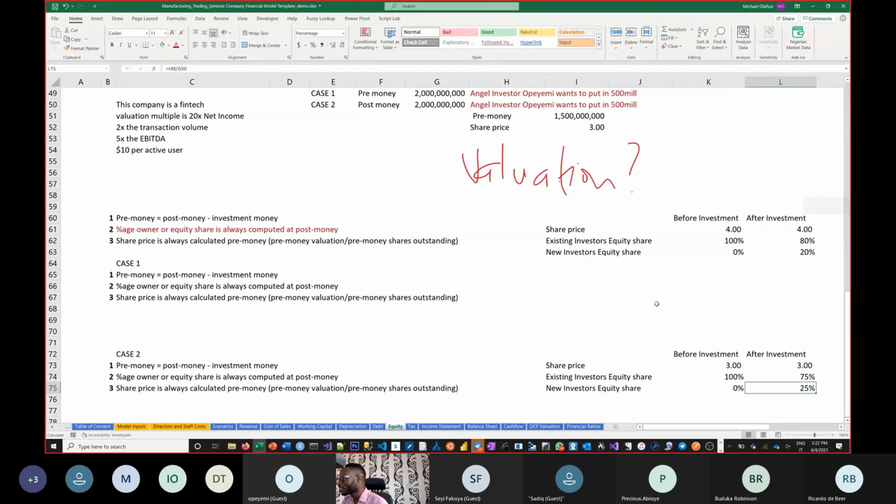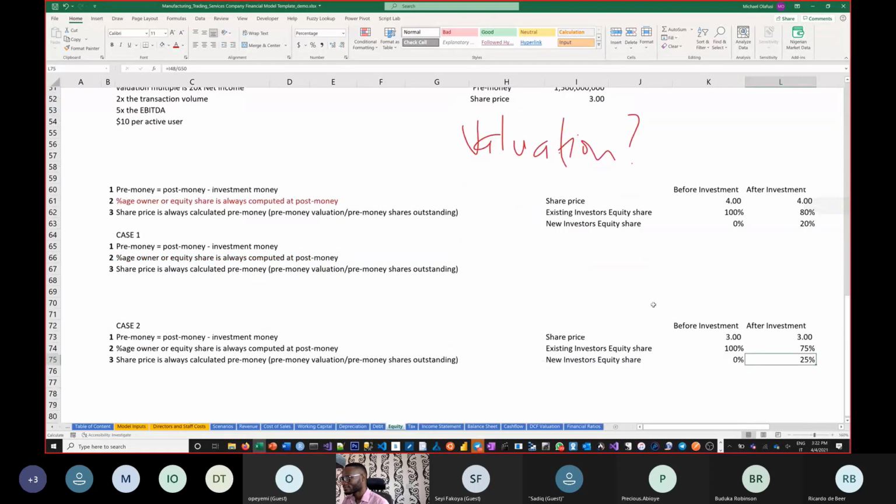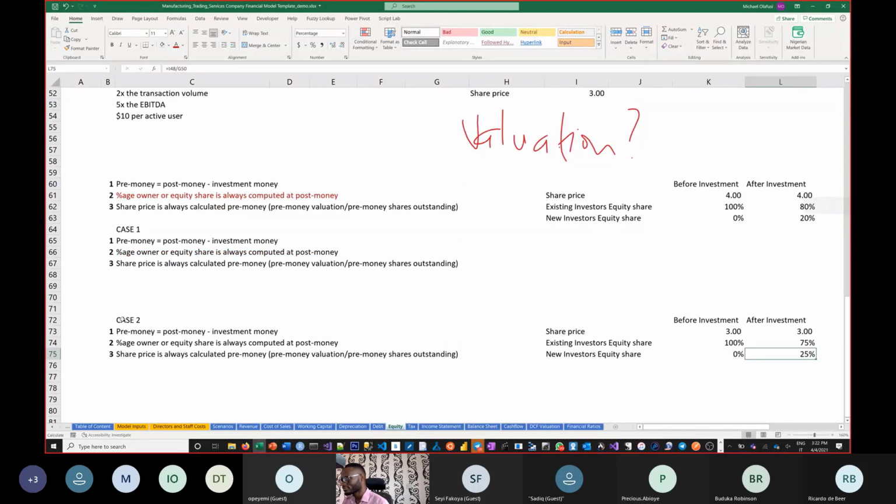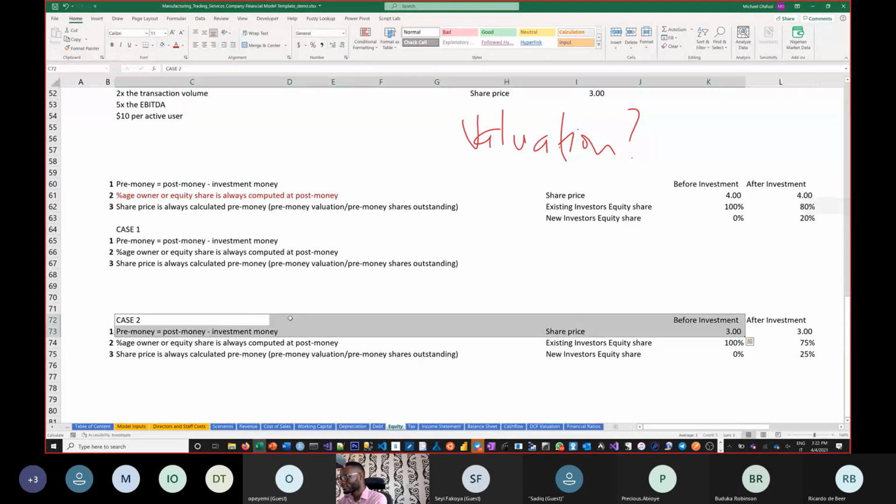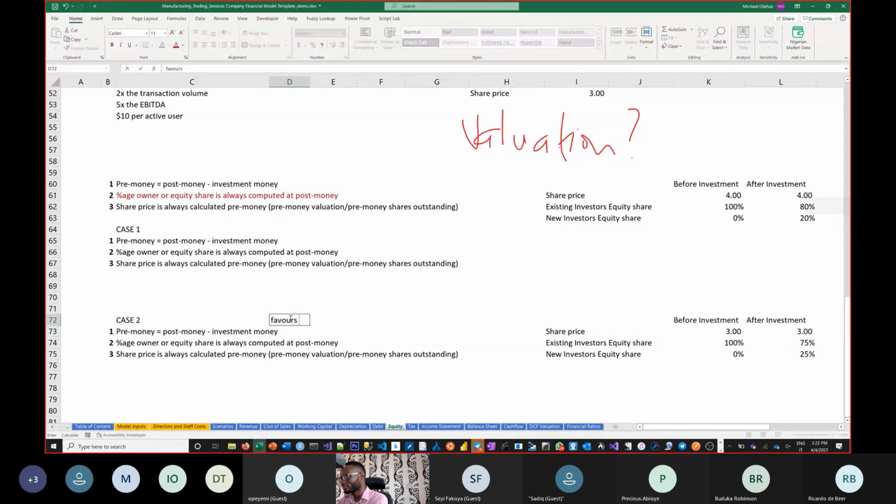And you see that if you are the investor, case 2 favors the investor. Case 1 favors the existing owners before the new investment.